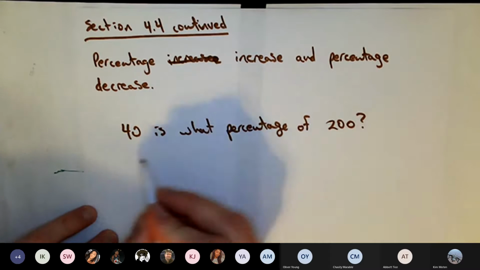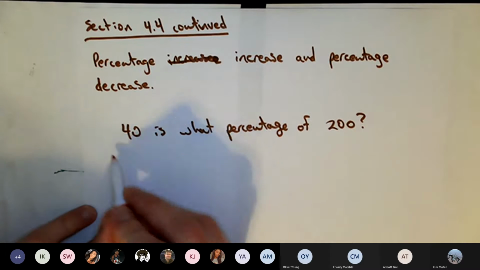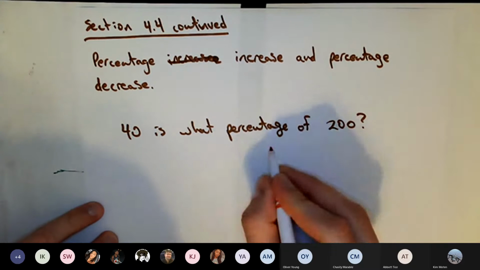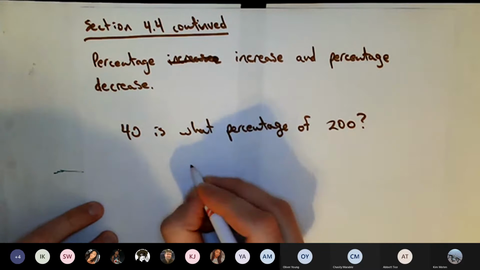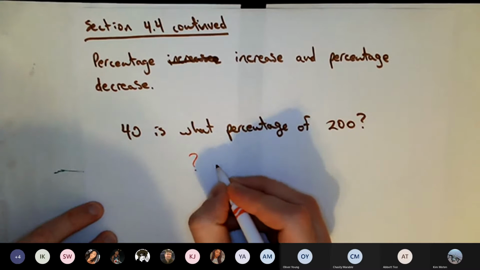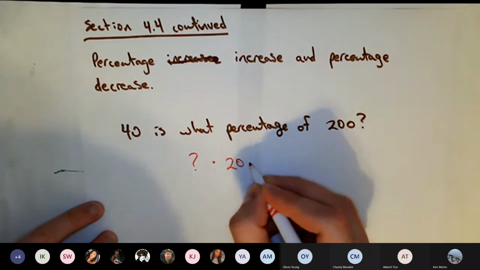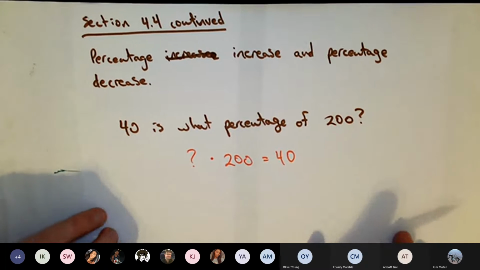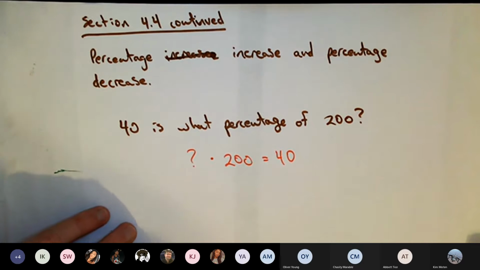From the way this sentence is structured, I see that 40 should be equal to some percentage of 200. So I'm thinking some percentage times 200 should be equal to 40, right? This is the same setup that we've used where we have percent times base equals amount. So this is section 4.3 stuff here.